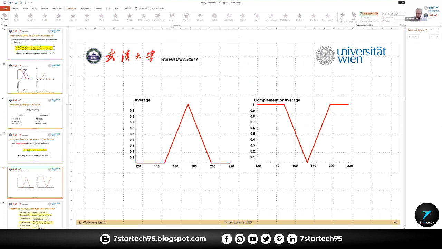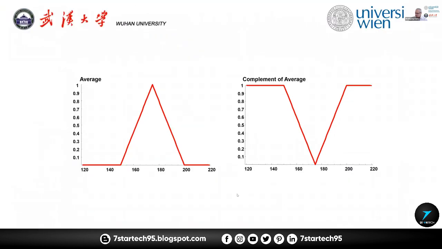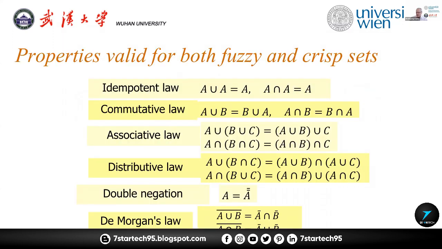Okay, let's continue here. Now, we know from mathematics that there are several laws that can be applied to sets and set operations. Here we have some properties that are valid for both fuzzy sets and crisp sets. So for fuzzy sets and traditional classical sets, these properties are valid.